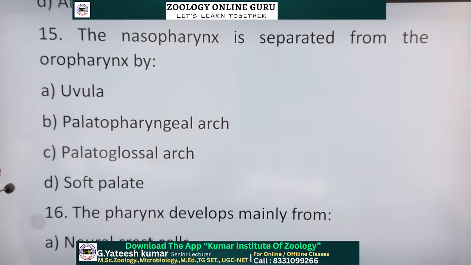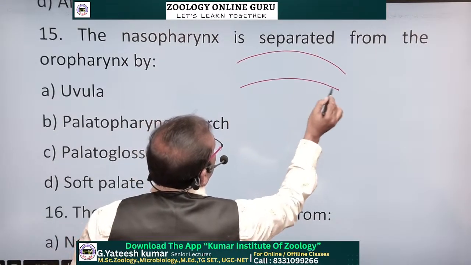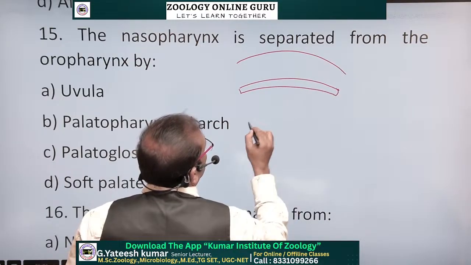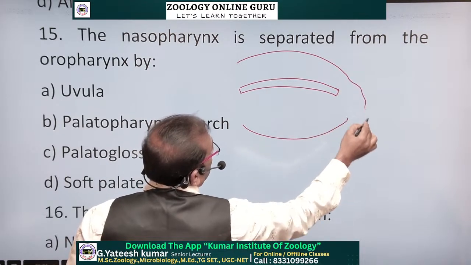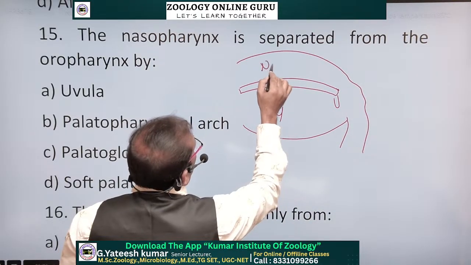The nasopharynx is separated from the oropharynx by what? Uvula, palatopharyngeal arch, palatoglossal arch, soft palate. See, this is the nose, this is the palate, this is the oral cavity, this is the nasal cavity.